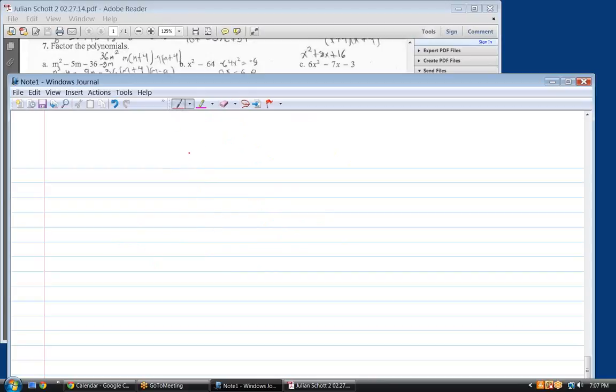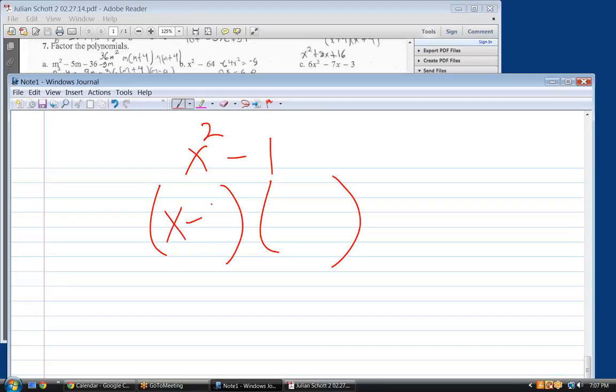How about one that a lot of people don't recognize? The reason they don't recognize it is because this is the difference of squares. They don't think of 1 as being a perfect square, but it is. So is it x minus 1 and x plus 1?